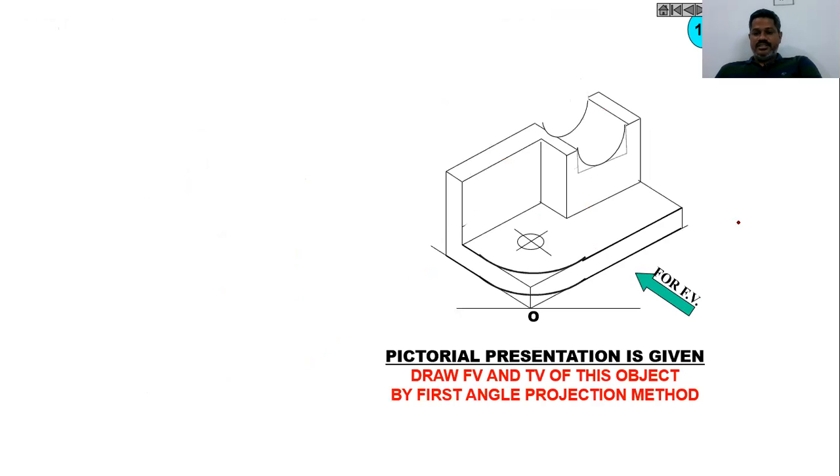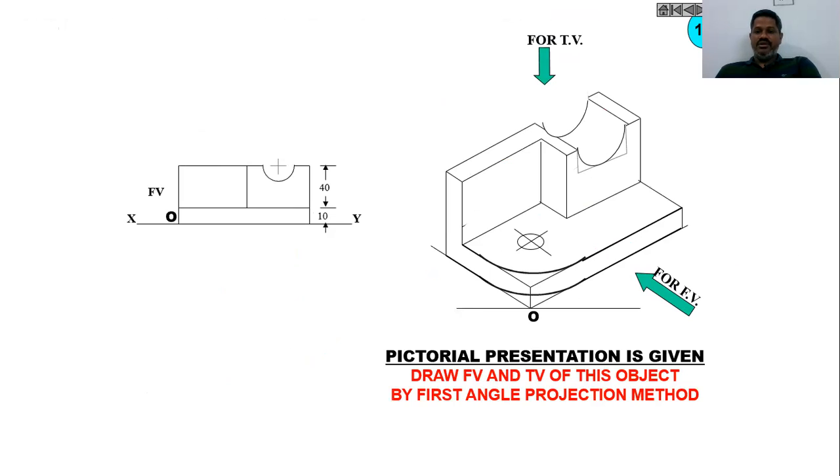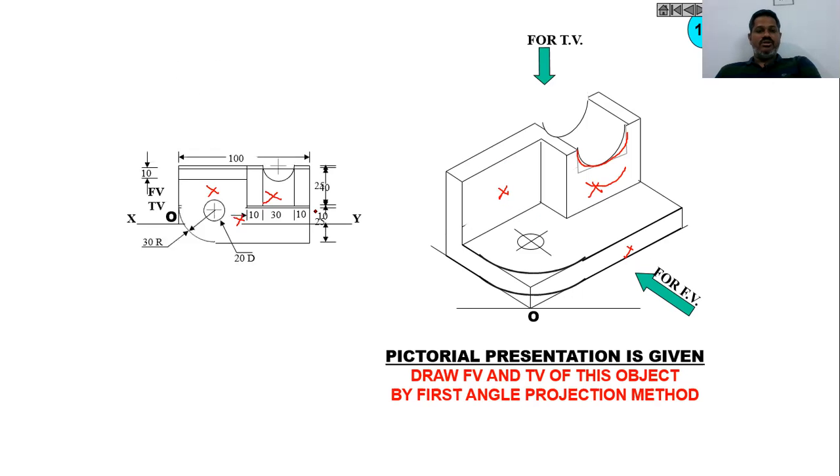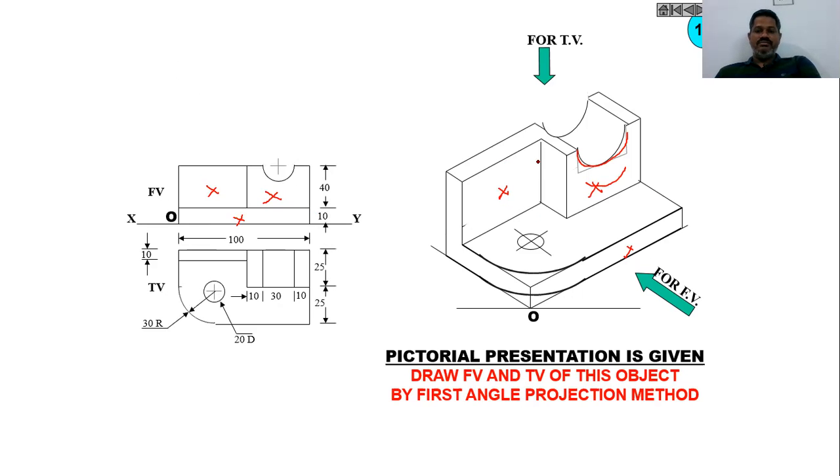Now take this one more example. When you see from the front, you can see this face and this curve, and this face, and similarly you can find this face. So you can find three faces here, as I said. And when you see from the top, you will find this face, this face, this face, and finally this face.